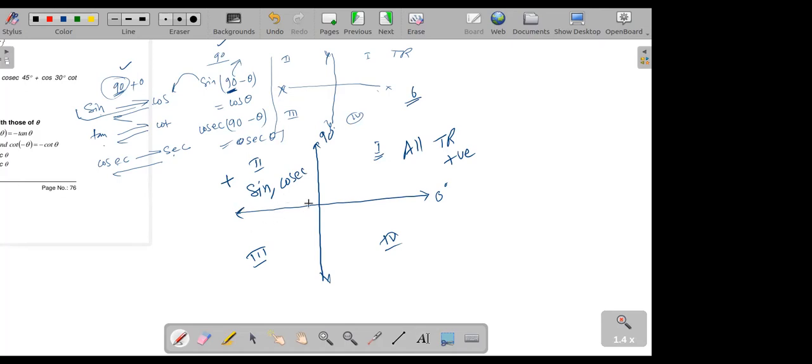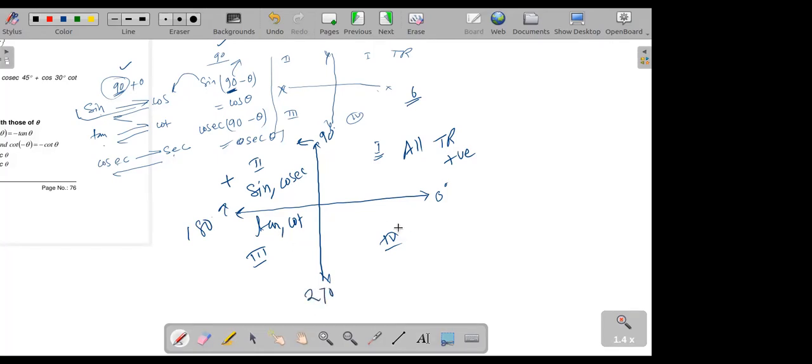So for angles more than 90 degrees and less than 180 degrees, sine and cosec will be positive. For the third quadrant, only tan and its reciprocal cot will be positive. That means for angles more than 180 but less than 270, tan and cot will be positive.